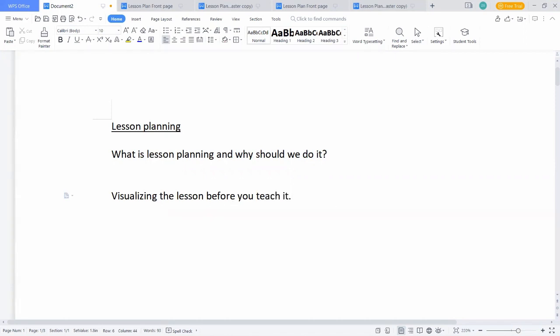So visualizing the lesson, how detailed should your visualization be? Well, I'm going to say it should be extremely detailed. And we'll go into that in a bit more detail as we go on in this input session.